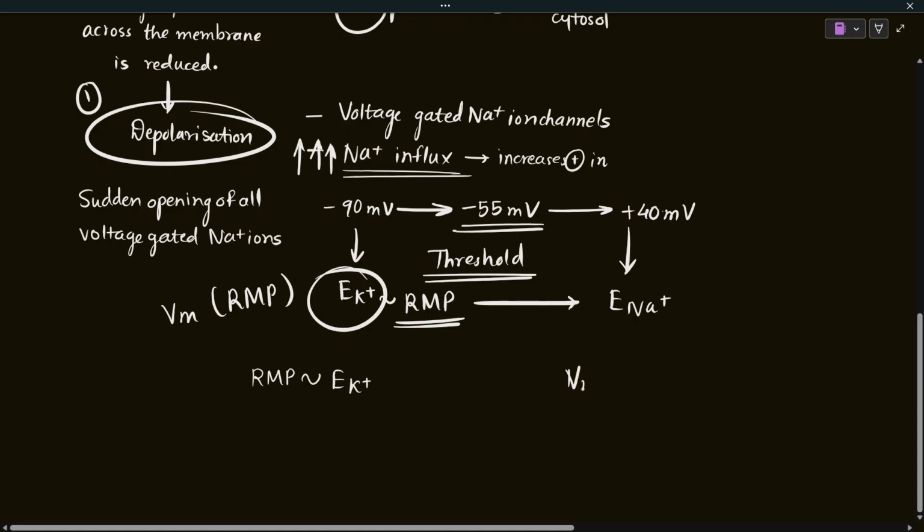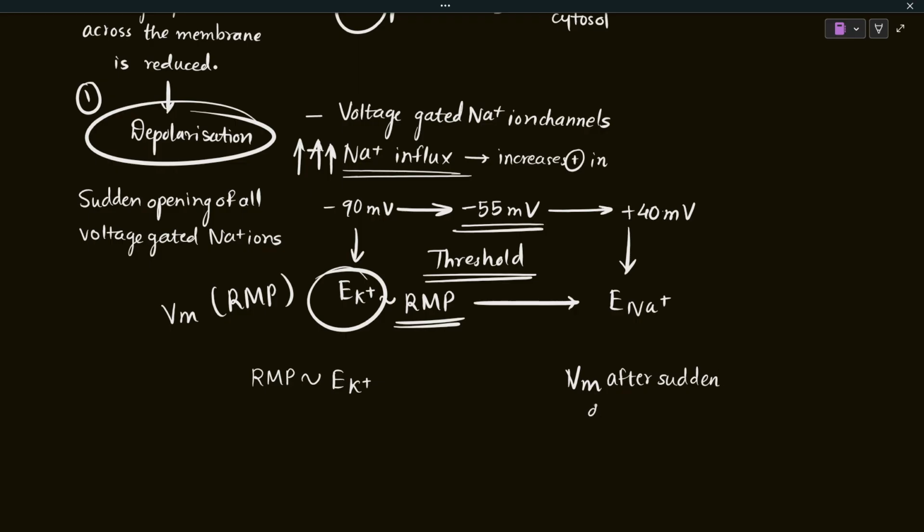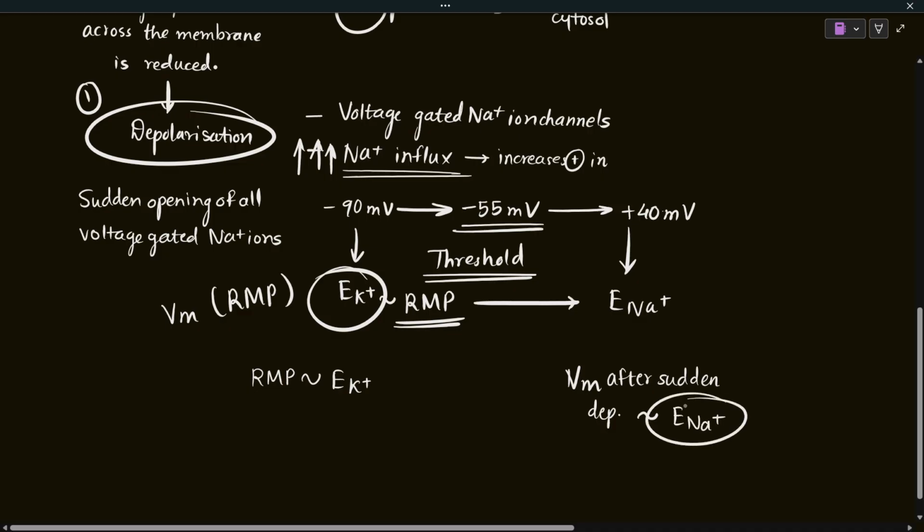After the sudden depolarization, when it crosses the certain threshold, the membrane potential gets closer to the equilibrium potential of sodium ions, which is equal to plus 55 millivolt.